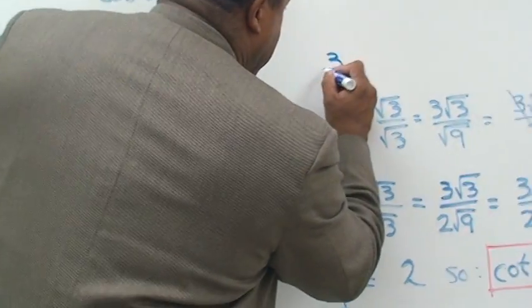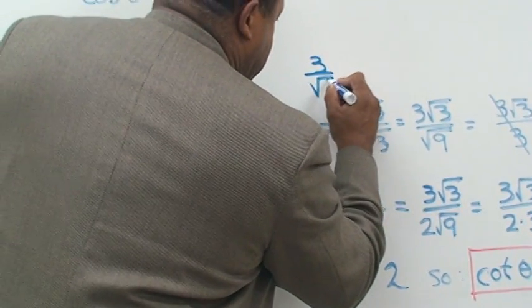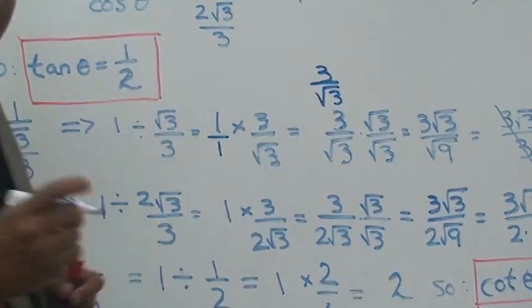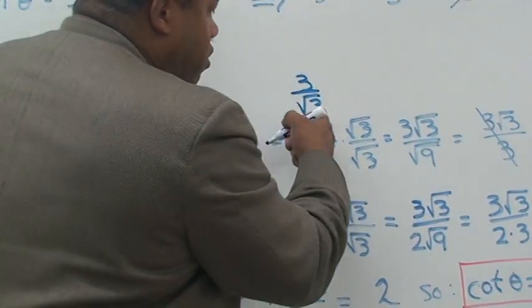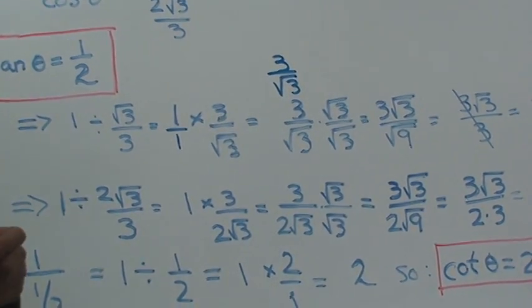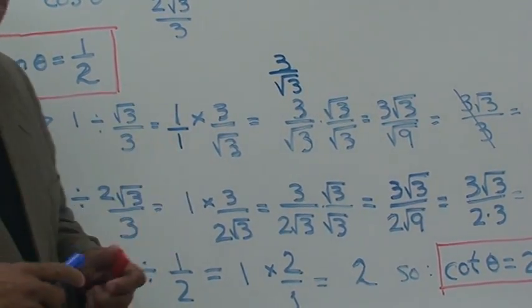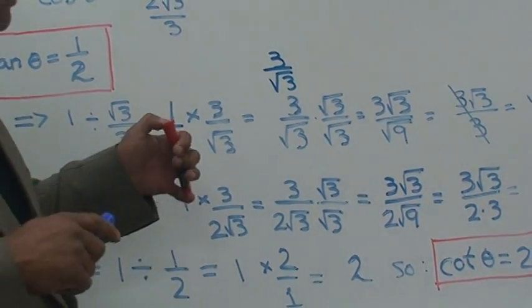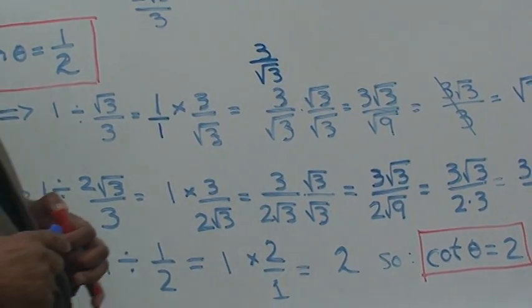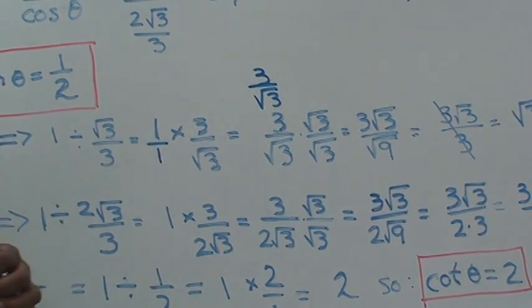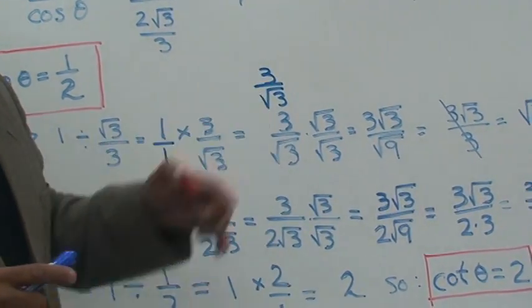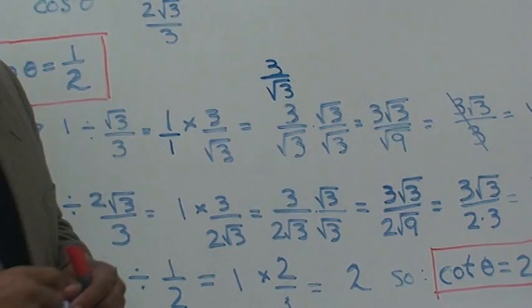Remember in your introductory or intermediate algebra courses, whenever you have a radical in the denominator, you want to simplify it. It's not always good to have radicals in the denominator as your final answer. So you want to simplify this statement by rationalizing the denominator.